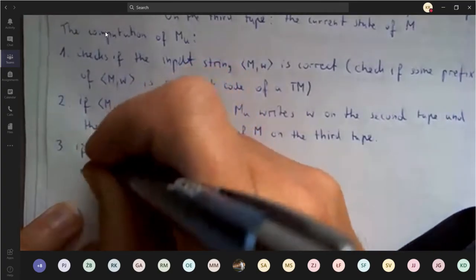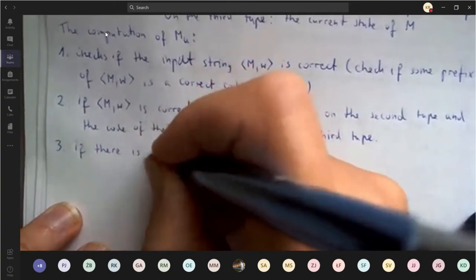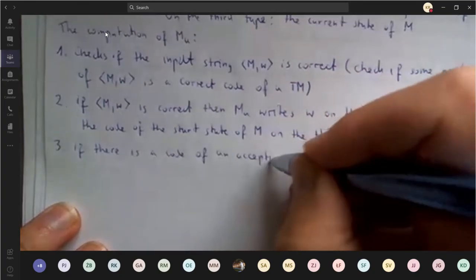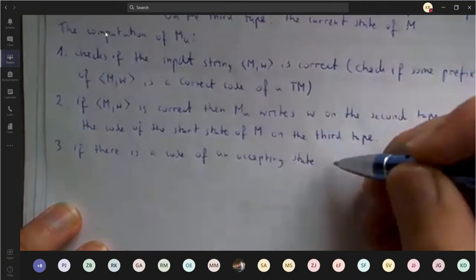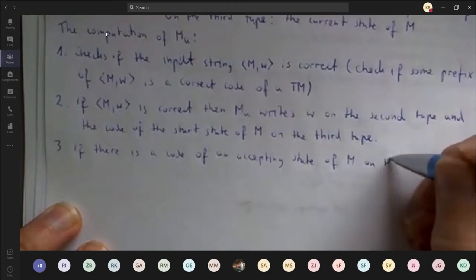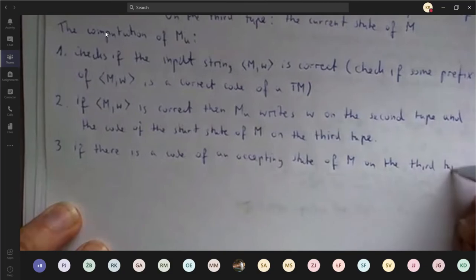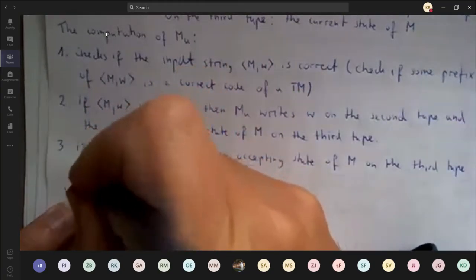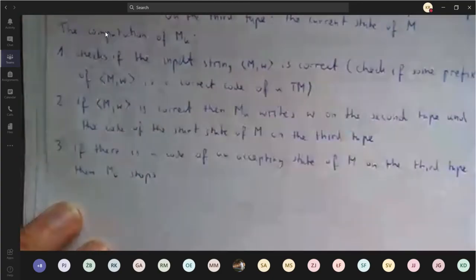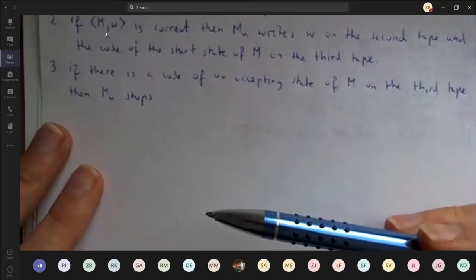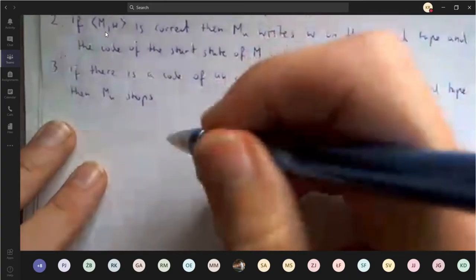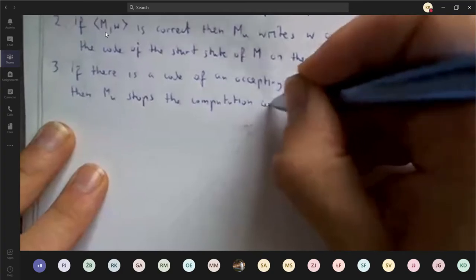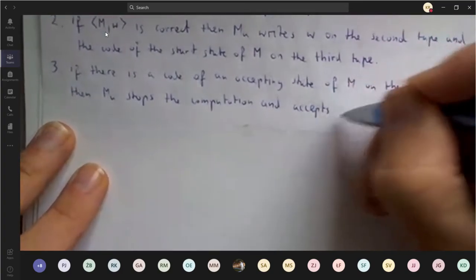If there is a code of an accepting state of M on the third tape, that means that M accepts W, then MU stops the computation and accepts the input string.